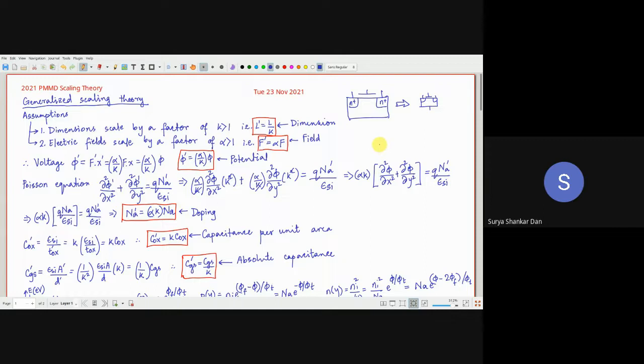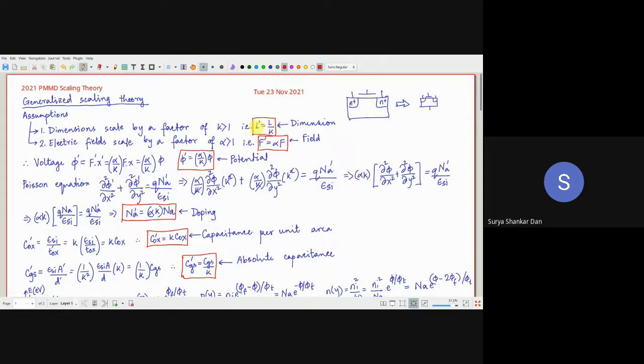There are two fundamental assumptions in the scaling theory. The first one is that the dimensions will scale by a factor of k. It's actually represented by the Greek letter kappa, but to keep it simple, let me just call it k. When k is greater than 1, the dimension is going to be smaller.